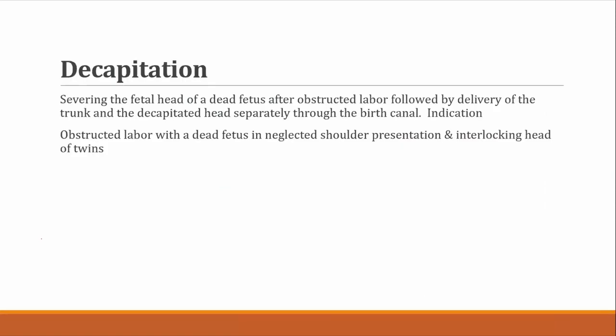Decapitation is usually severing the fetal head after obstructed labor, followed by delivery of the trunk. This is usually done in the case of neglected shoulder presentation or interlocking heads of twins.